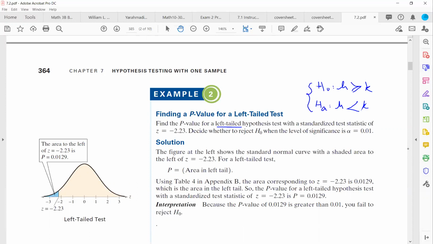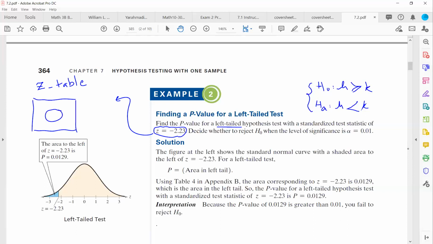Then what's given? The standardized test statistic is also given. It is negative 2.23. Since the z-value, the test statistic, is given, you have to look at your z-table, or you can use your calculator to find the area.